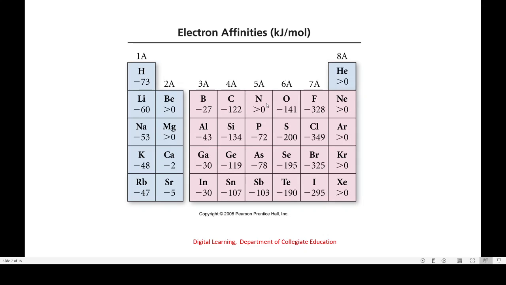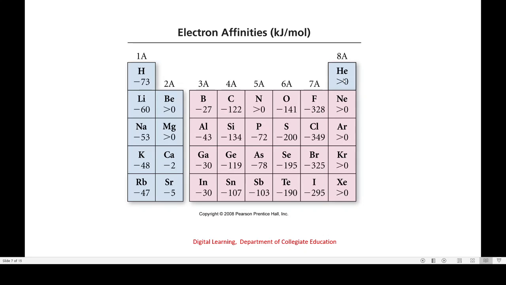This is the figure which gives the electron affinity of the various elements belonging to the periodic table. As discussed, the halogens have very high electron affinity because of the tendency to take up an electron and gain the octet configuration.